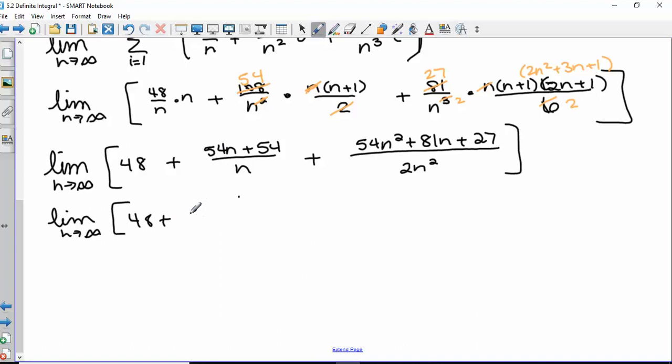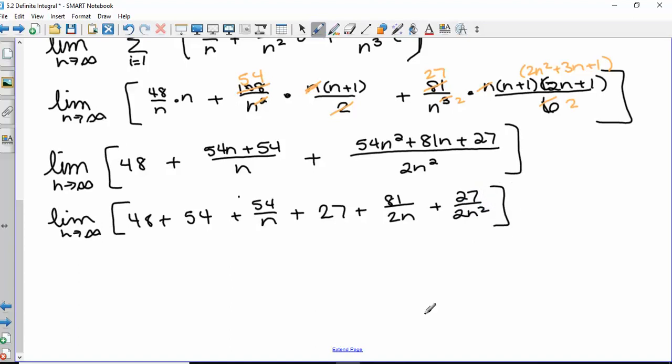So if I break apart these fractions, 54n over n is 54. 54 over n. 54n squared over 2n squared is 27. 81 over 2n. And 27 over 2n squared.